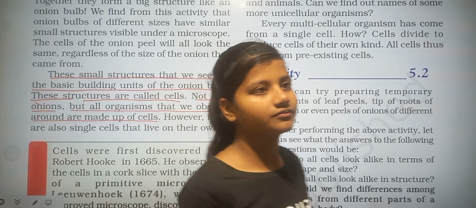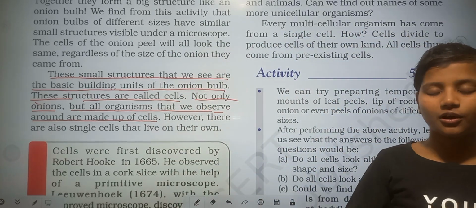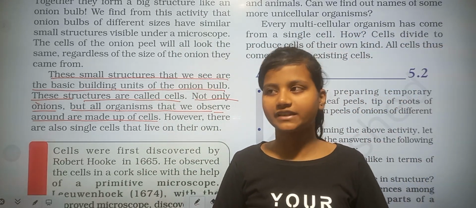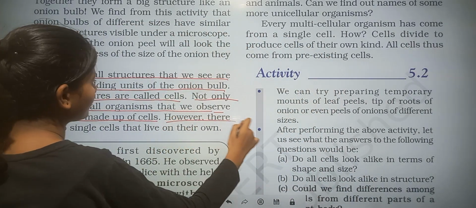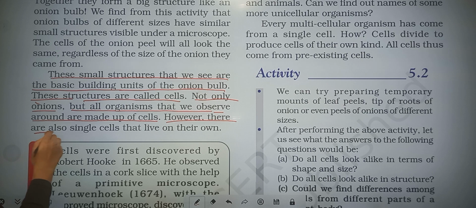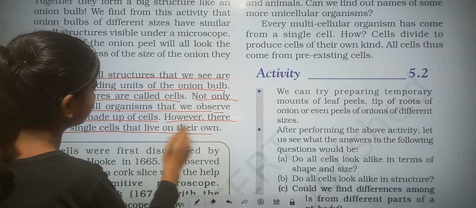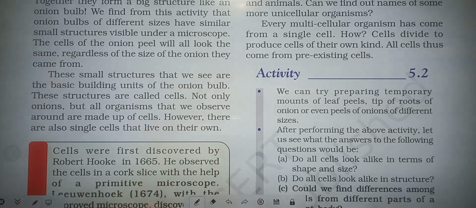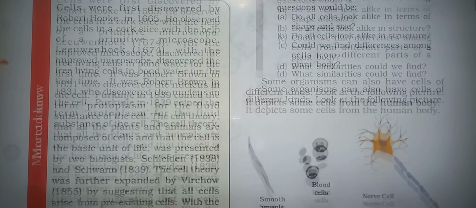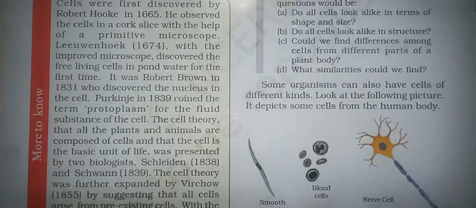It means not only onion, all living organisms are made up of cells. However, there are also single cells that live on their own, and here is more to know.